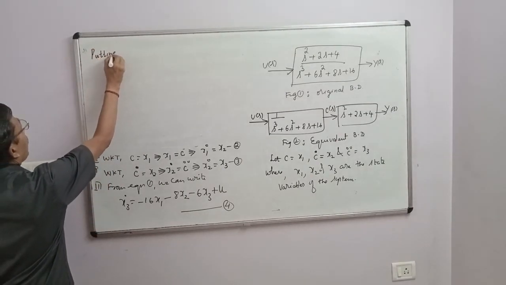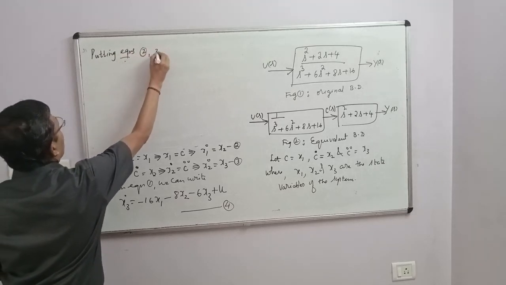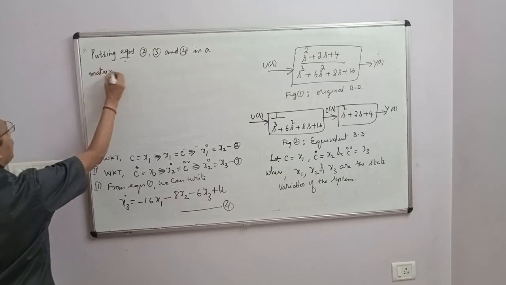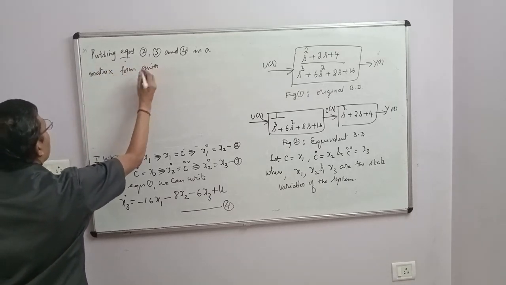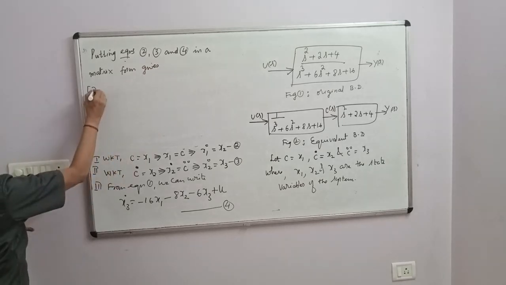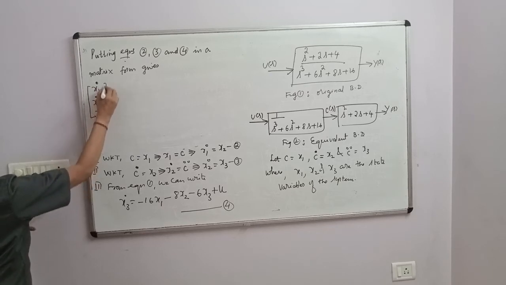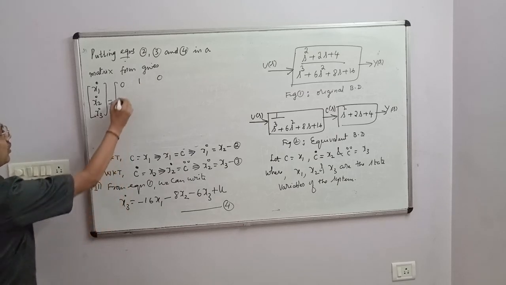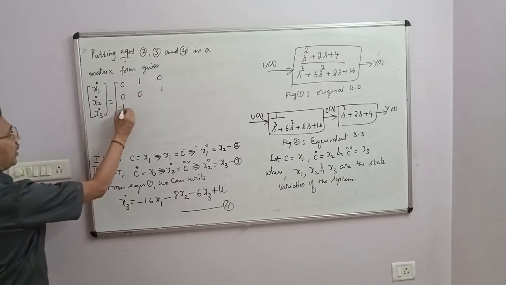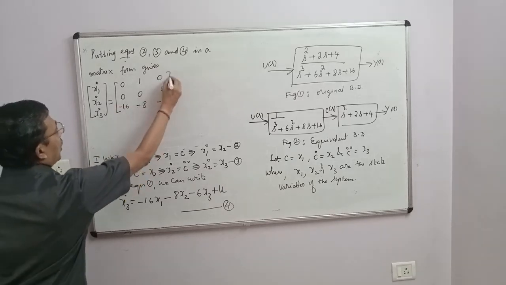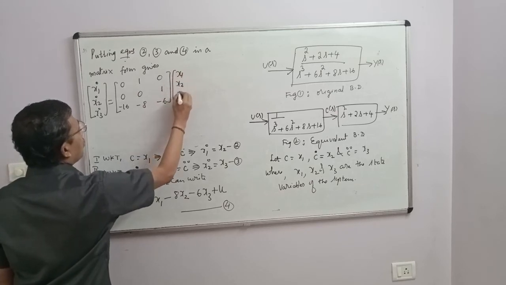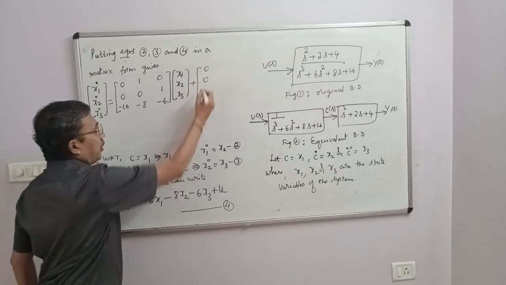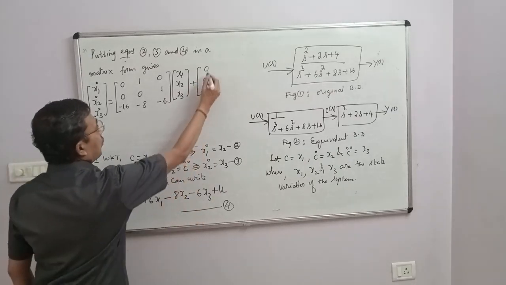Putting equations 2, 3 and 4 in a matrix form gives the column matrix x1 dot, x2 dot, x3 dot is equal to, take equation 2: 0, 1, 0; take equation 3: 0, 0, 1; take equation 4: minus 16, minus 8, minus 6, multiplied by the column matrix x1, x2, x3 plus 0, 0 because in equation 2 there is no u, again 0 because in equation 3 there is no u, and in equation 4 the coefficient of u is 1.